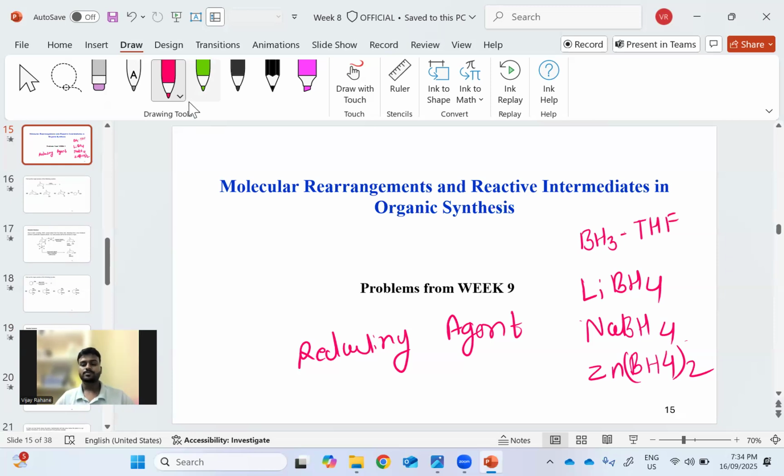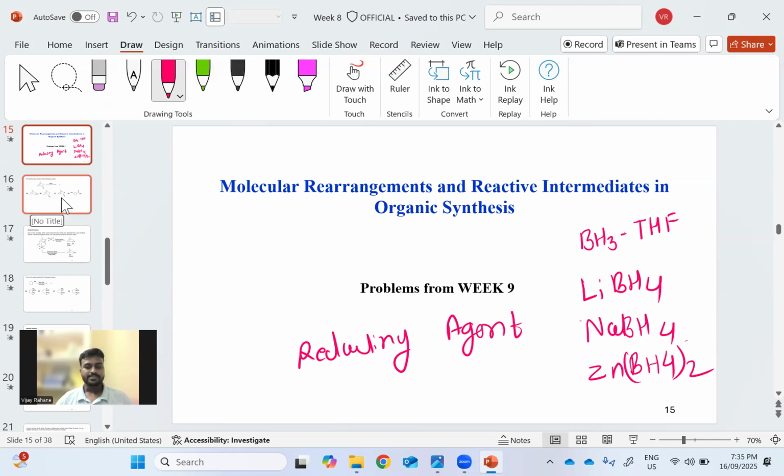So these sorts of problems are about reducing agents for the reduction of carbonyl compounds, whether it is aldehyde, ketone, carboxylic acid, ester, or acyl. On this type of substrate, we have studied the role of such reducing agents. That sort of problem is going to start.